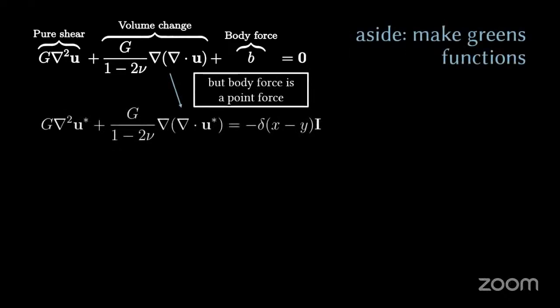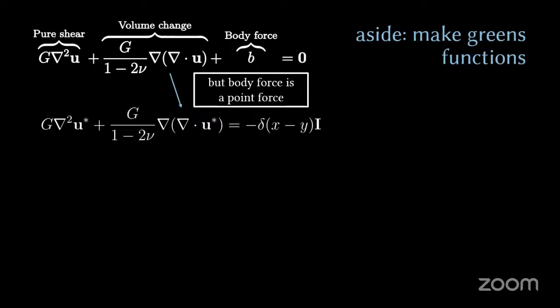And then you try to find a few tricks. So the first trick is you say that the body force is a point force. So any of the external forces would, in this case, be applied on a particular point. So what you can do is take the body force and replace it with a delta function.